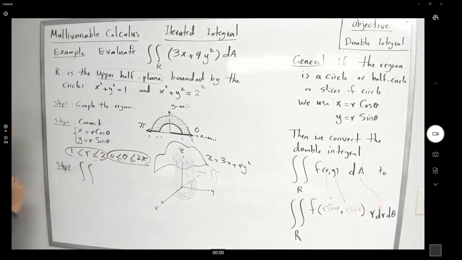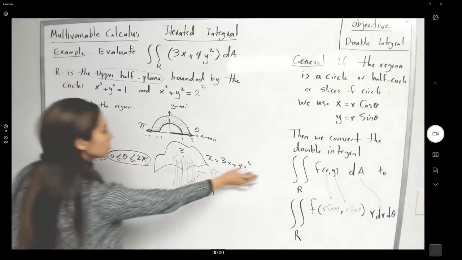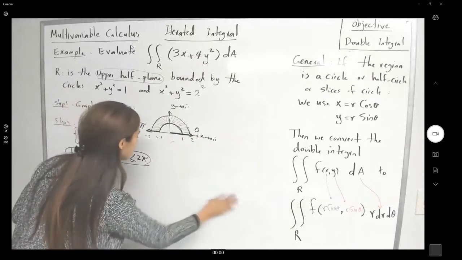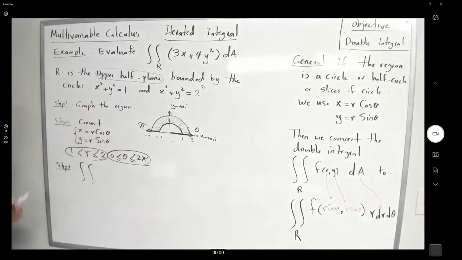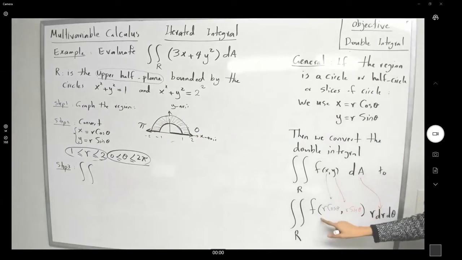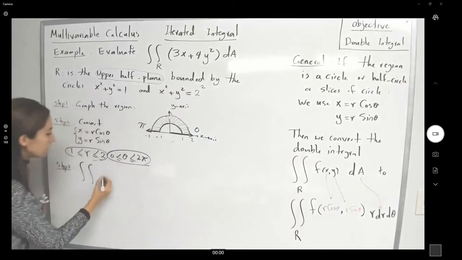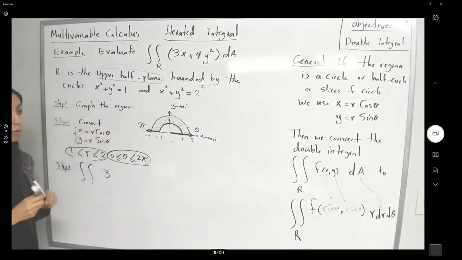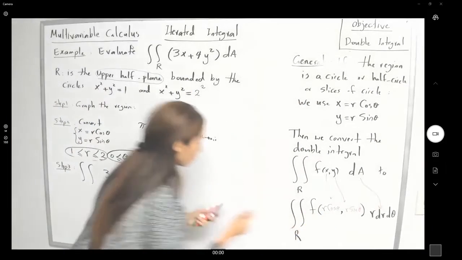Double integral. Here you have your function. Let me erase this part of the board. I need more space. My f of x and y is now f of r cosine theta, r sine theta. So I have 3 times x. What is x? X is r cosine theta.